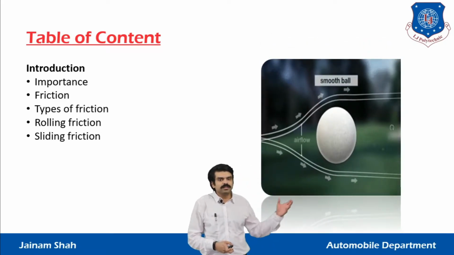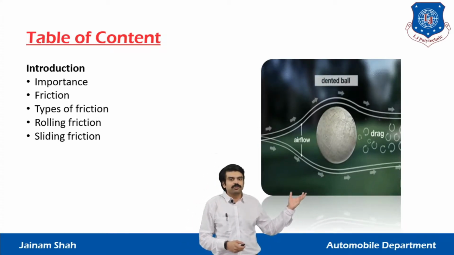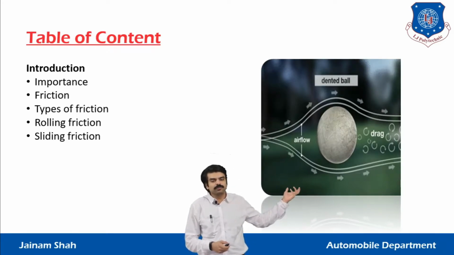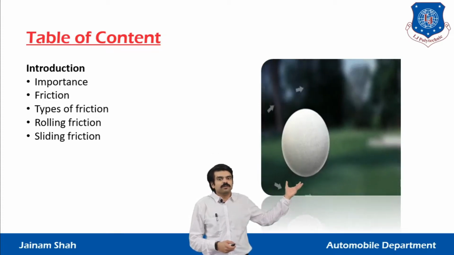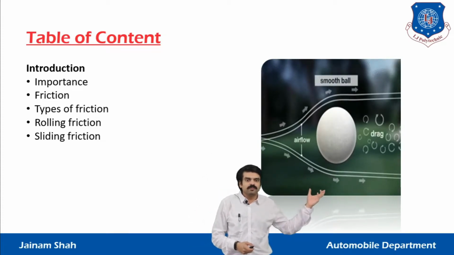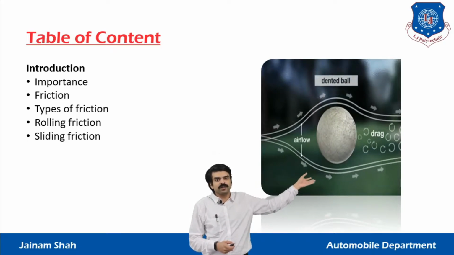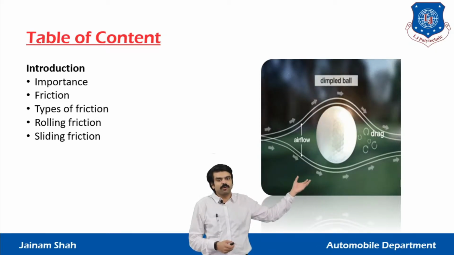Now in this image, you can see two types of golf balls. The first golf ball is without dimples, so there is a lot of drag behind the ball, which reduces its flight time.